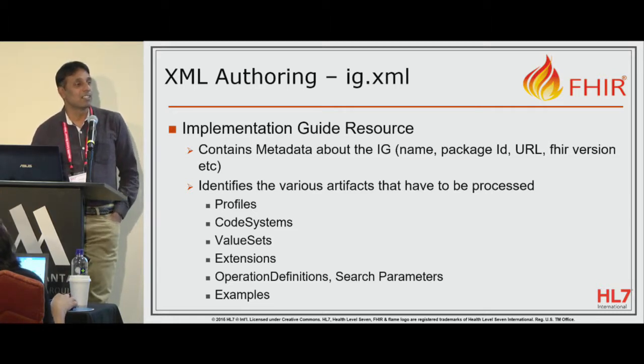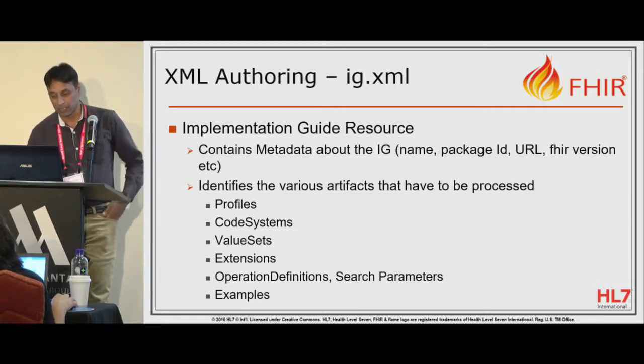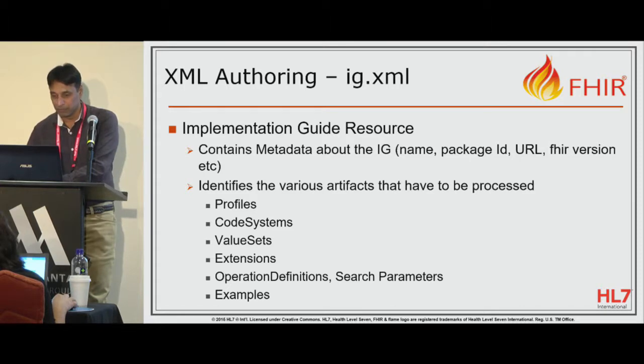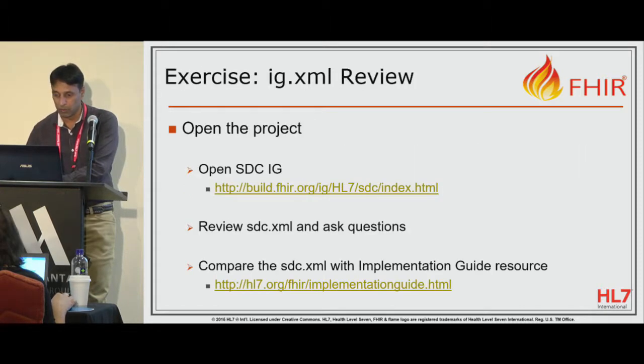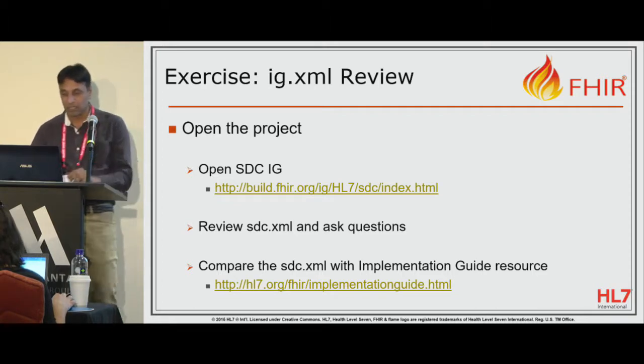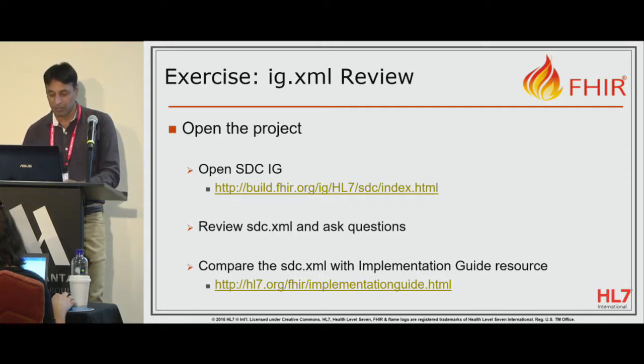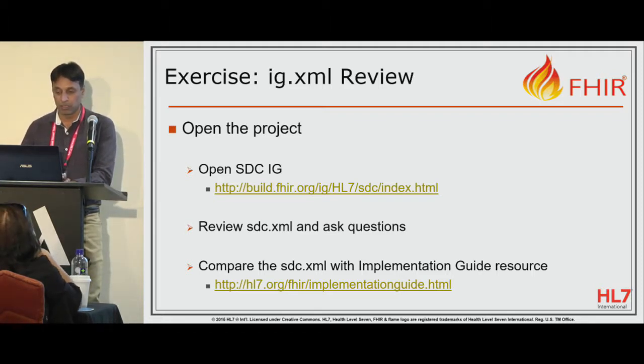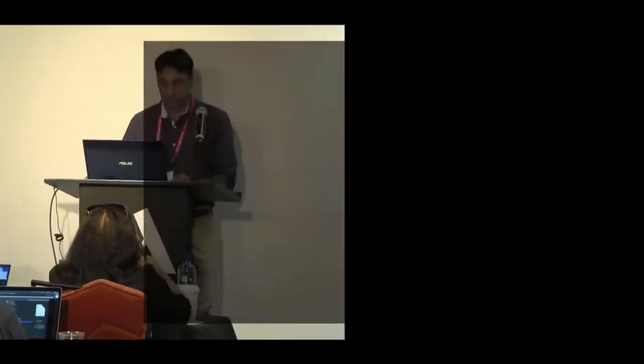All of that is contained in the IG.XML file. So what we'll do here is open up the IG.XML file and review it to give you an idea of what is contained within. So let me open that.